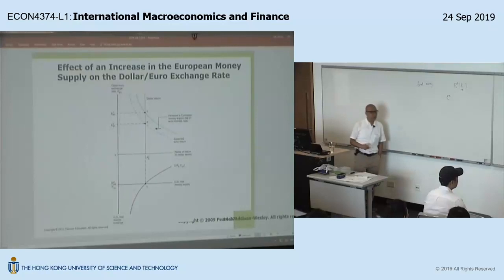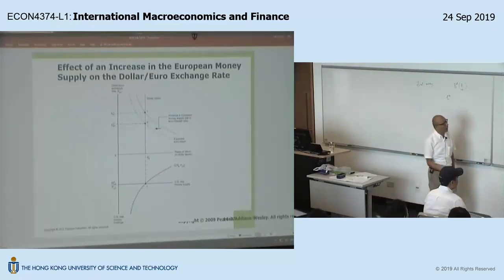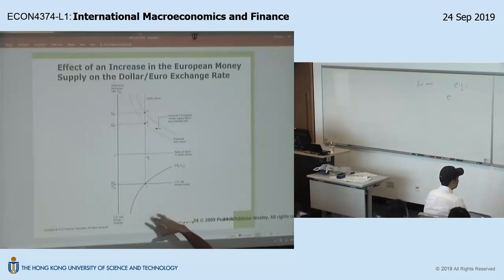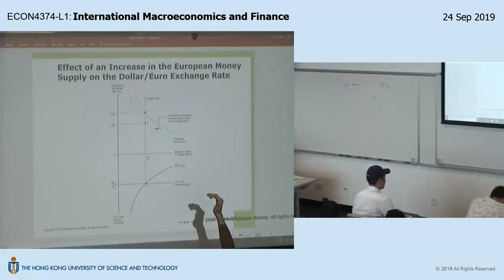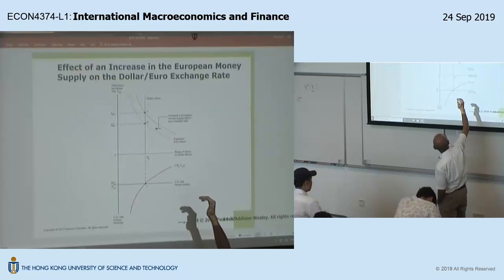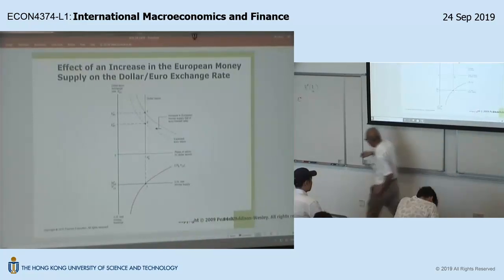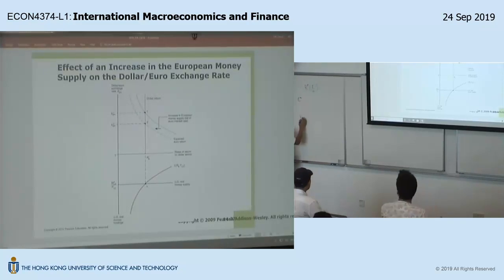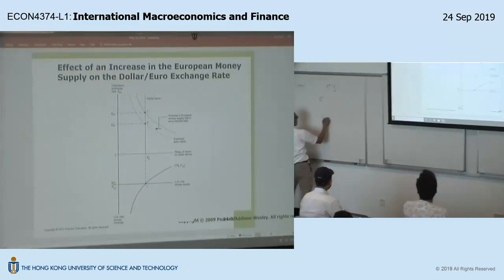Here is just a diagram to show you how to analyze it. In this case, we're using the same diagram, right? Therefore, when there's an increase in European money supply, this will decrease.